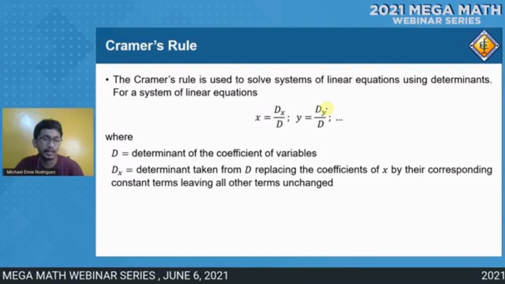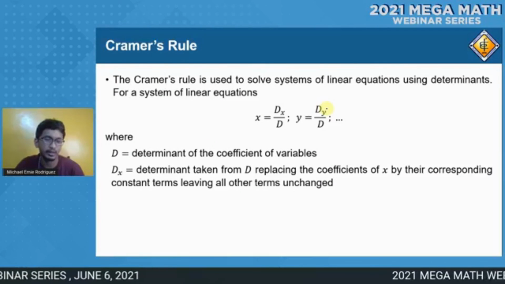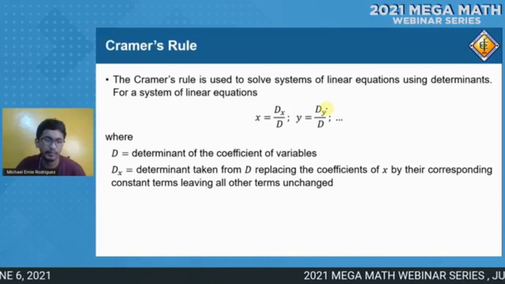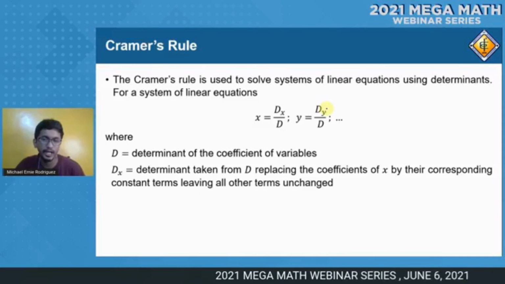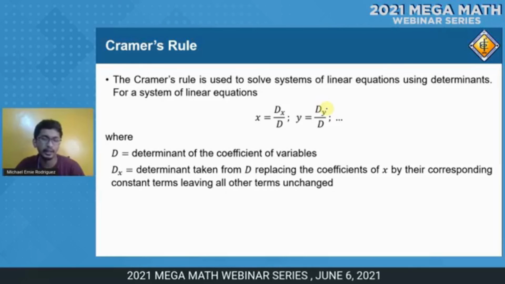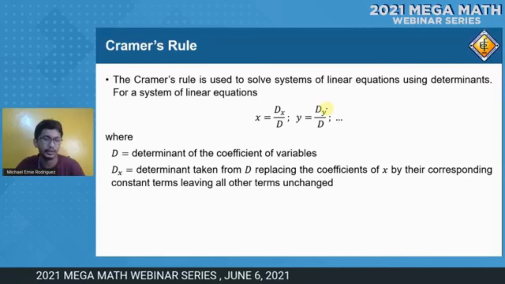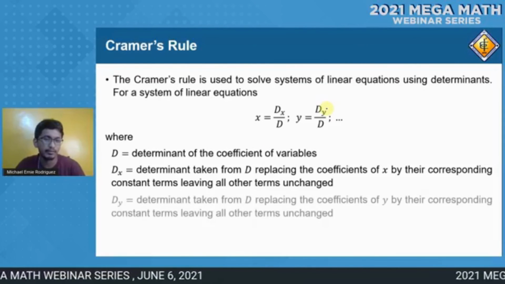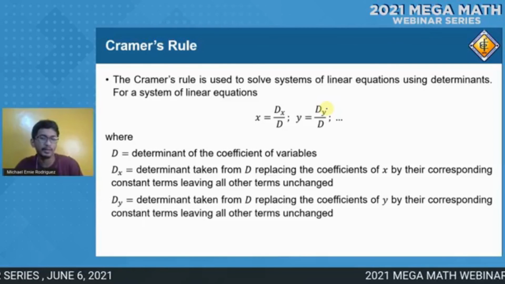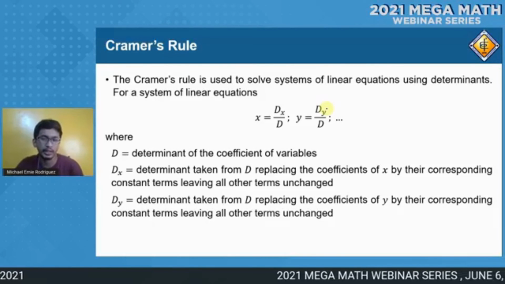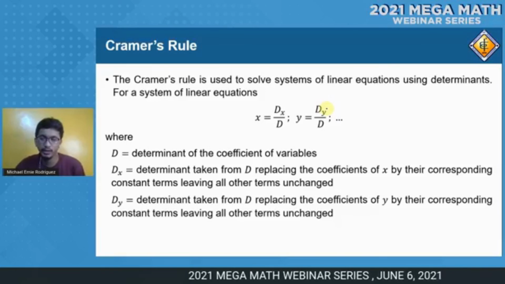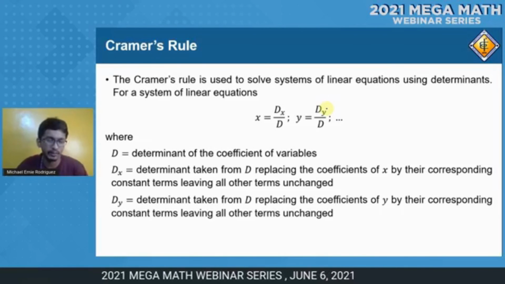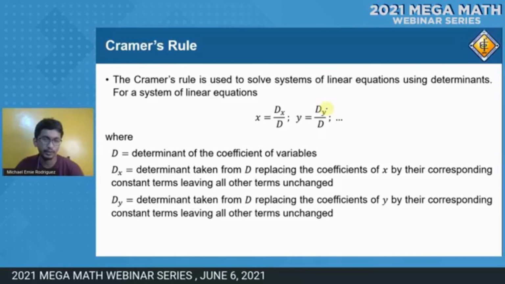Your d sub x is the determinant taken from d, replacing the coefficients of x by their corresponding constant terms, leaving all other terms unchanged. Same for dy. So, coefficients naman of y is replaced by their corresponding constant terms, leaving all the other terms unchanged.